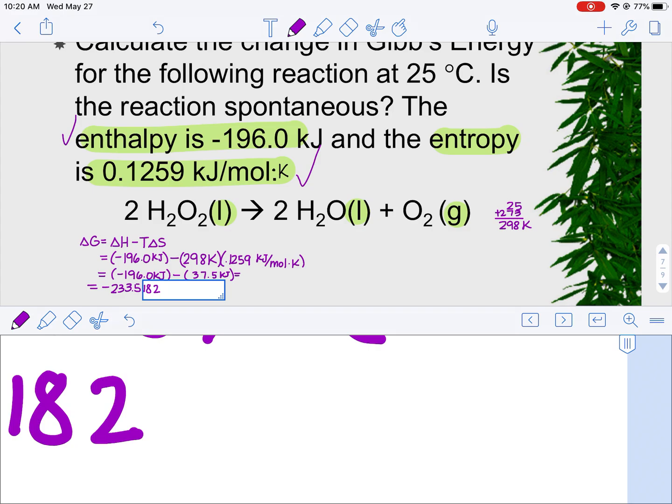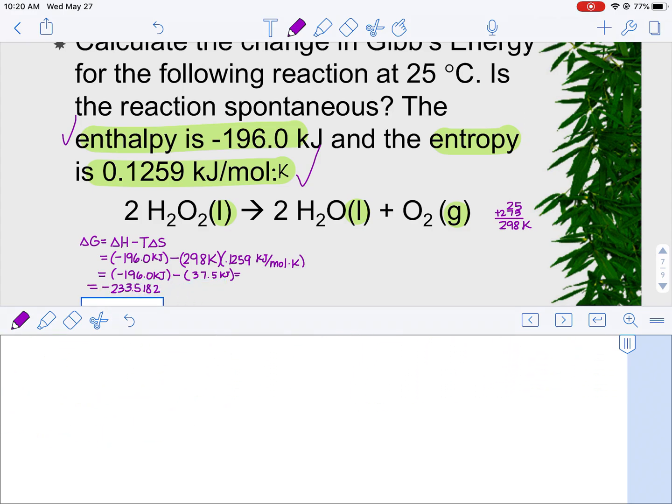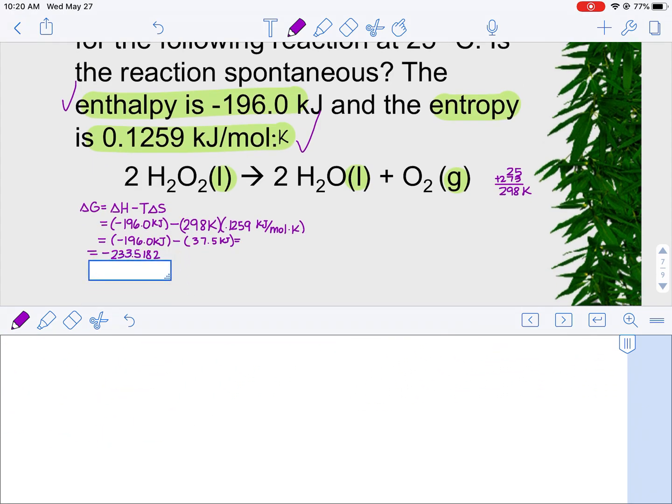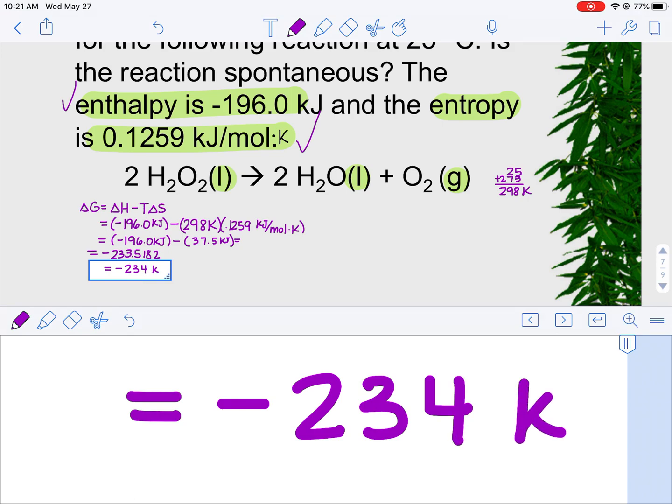Checking my sig figs, I'm going to need 3 of them. So it's going to equal negative 234 kilojoules, which is my delta G.